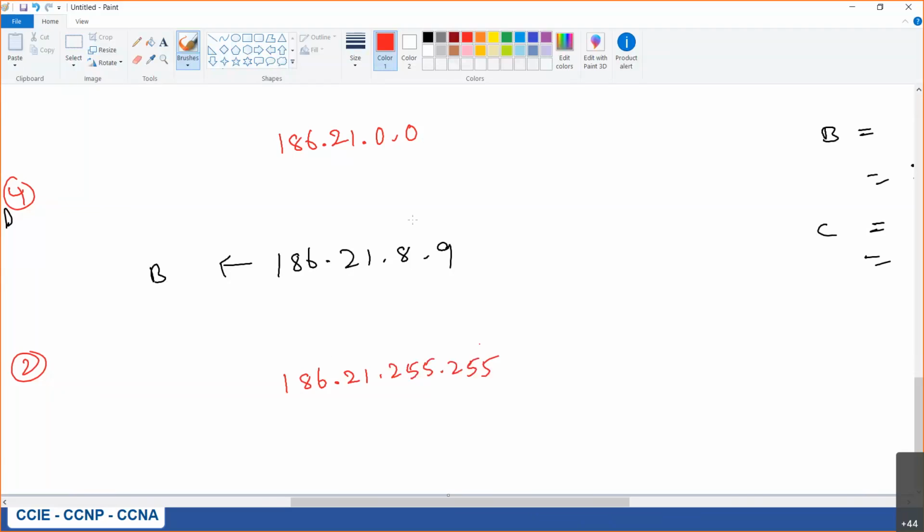Very good. What will be the subnet mask? 255.255.0.0. So 186 is a network portion. 21 is a host portion. Sorry, 21 is also network portion. 8 and 9 is the host portion. Right? In between, all IPs are valid IP addresses.